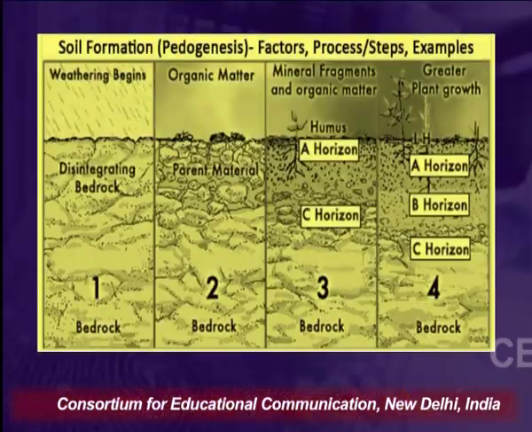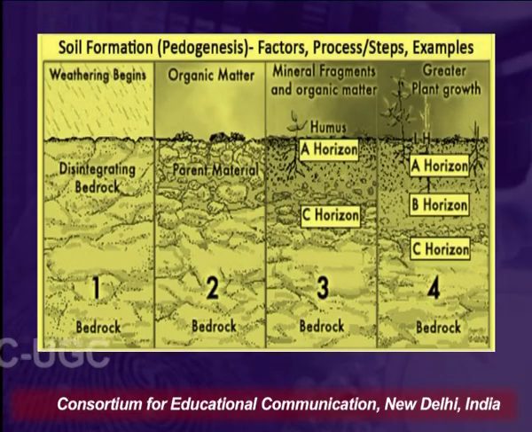So, when we look at the process of soil formation, which we call pedogenesis, there are certain factors or steps. The first one is the bedrock, which is the parent material. Whenever weathering begins in the parent material, there is disintegration of the bedrock, which could be due to wetting, drying, excessive rainfall or other climatic factors.